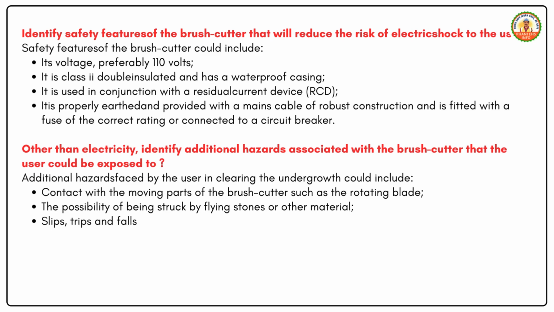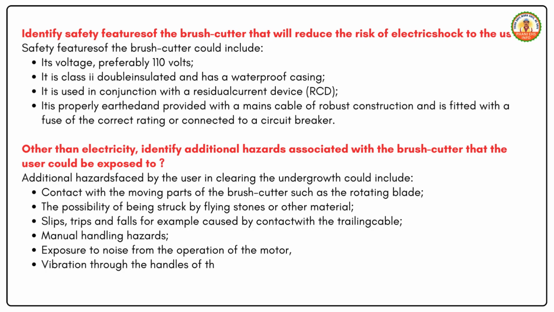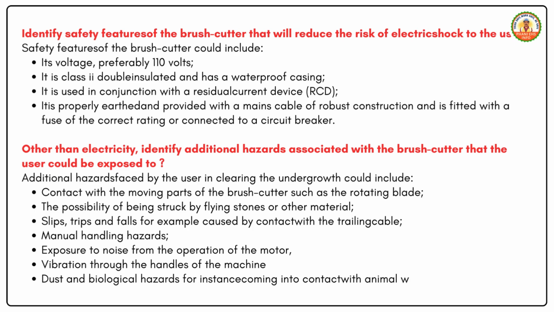Slips, trips and falls, for example, caused by contact with the trailing cable. Manual handling hazards. Exposure to noise from the operation of the motor. Vibration through the handles of the machine. Dust and biological hazards, for instance coming into contact with animal waste.